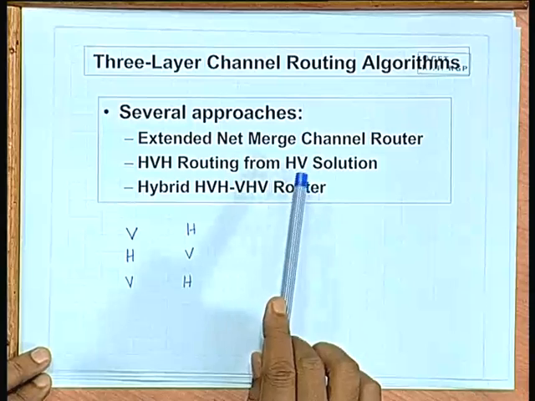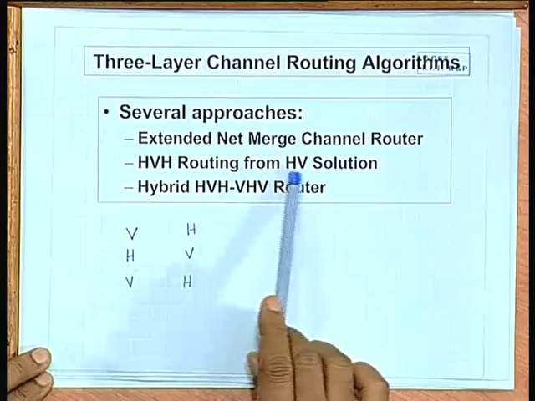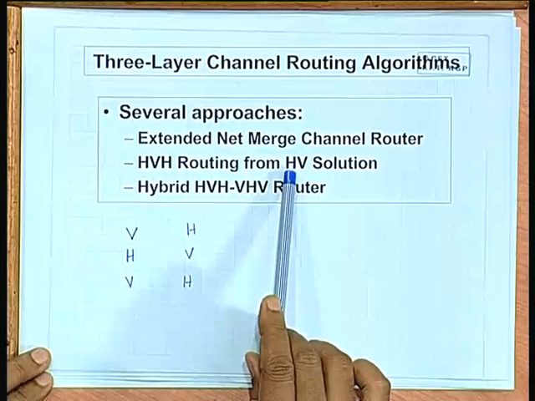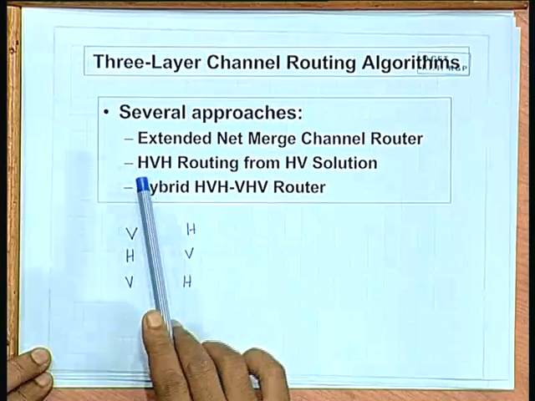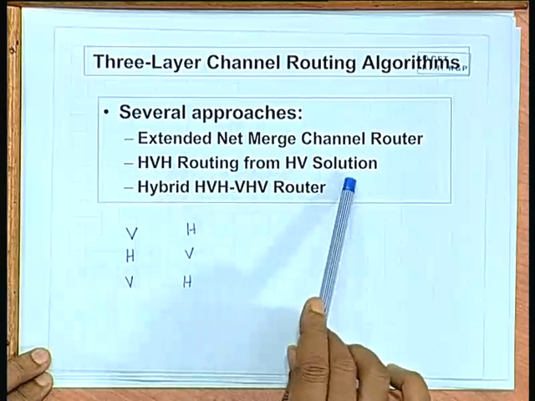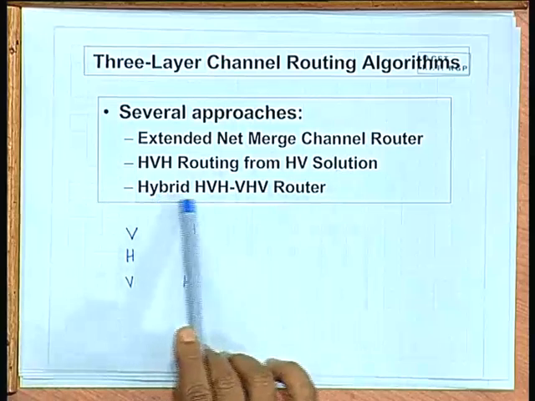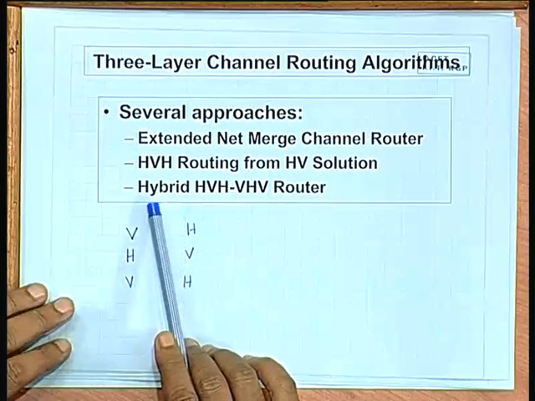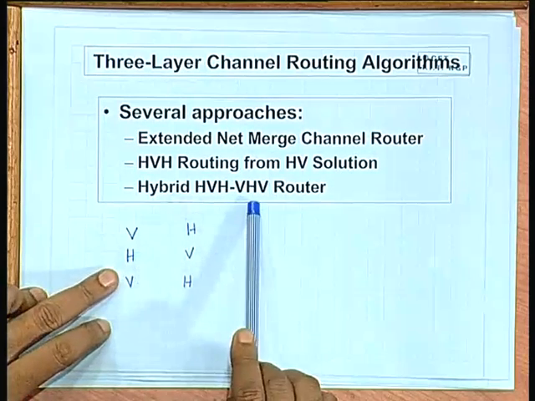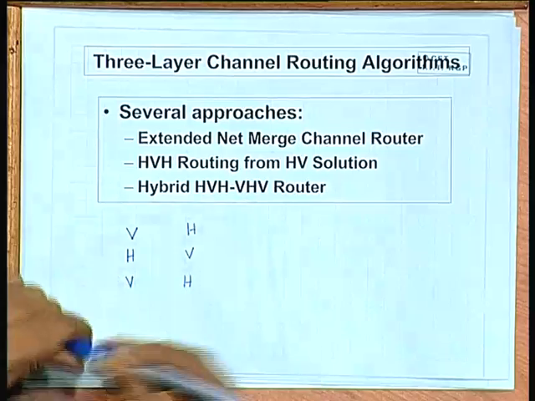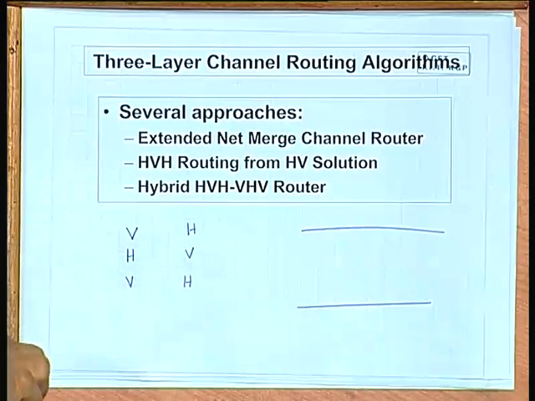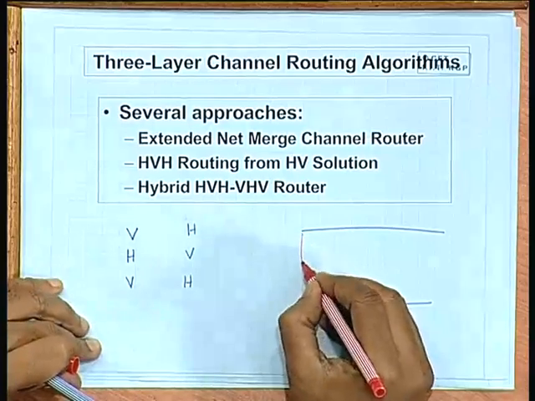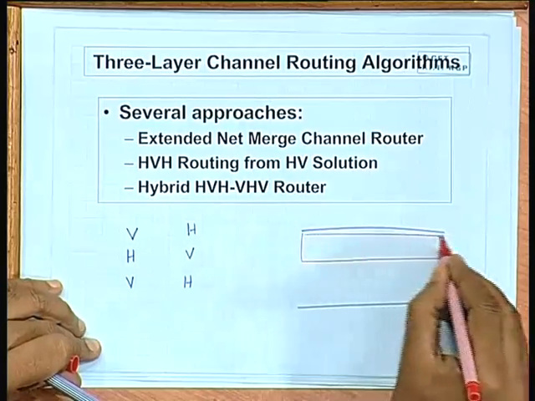But the algorithm that we will be looking at is that you start with a 2-layer solution, you try to map it to a 3-layer solution, HVH routing from HV solution. And there is another approach which says that you use both HVH and VHV. Here the idea is that you have the channel, you divide the channel into 2 regions, one on top, one on bottom.